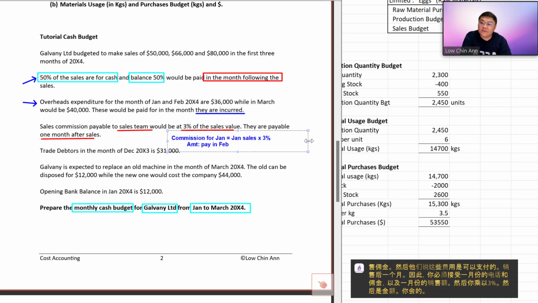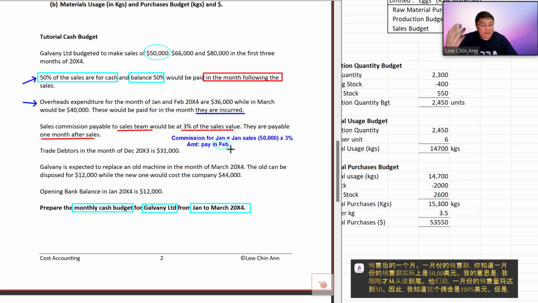The sales in January is actually 50,000, as I read right from the beginning just now. So I know the commission is 1,500, but it will only be paid in the month of February.